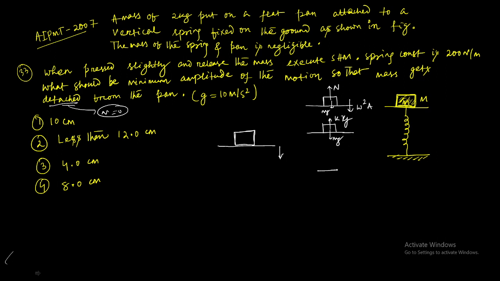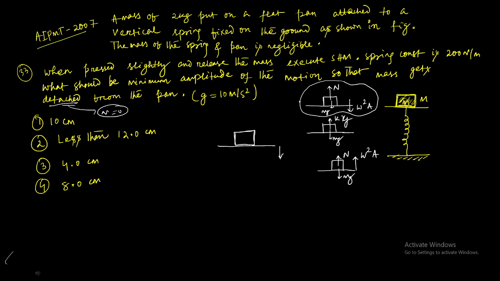And at the other extreme position, that is your minus A position, the normal force N is upward, mg is downward, but the acceleration will be upward, omega square A. So the only possibility that the mass will move away from the flat pan is at this position, because it's moving down, and at that time the normal is going to be 0.